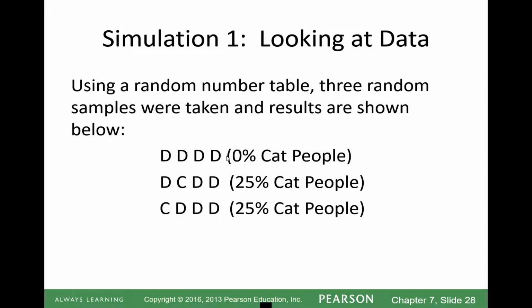So you can have a sample that is random but not be representative of the population. They pick randomly, pick 4, 0 cat people. This one here is 25%, 25%. So it is possible, just picking randomly, to get a sample that's not particularly representative of the population.